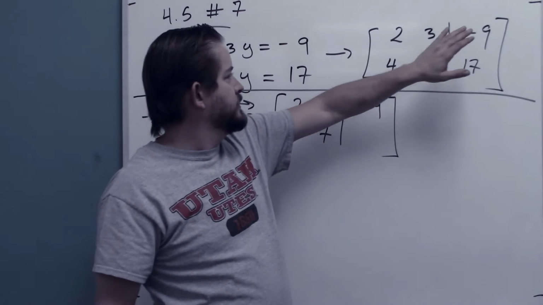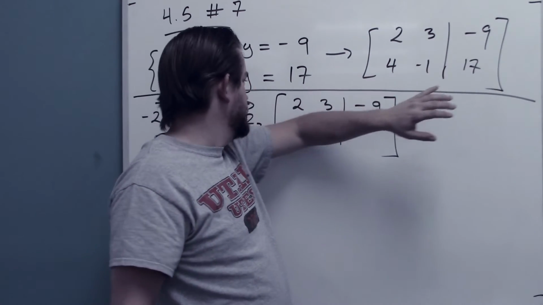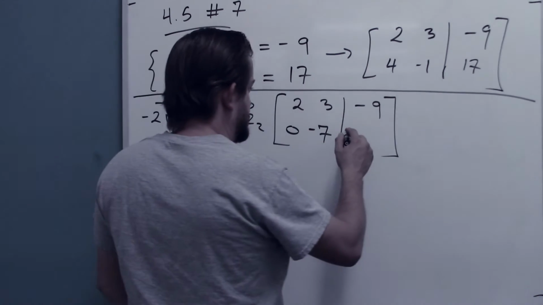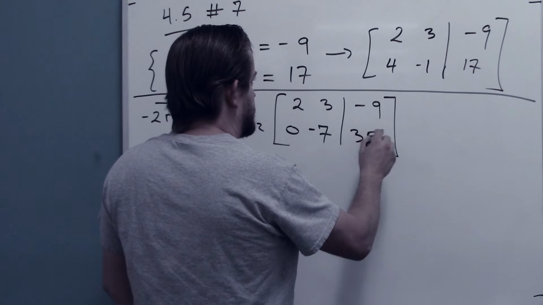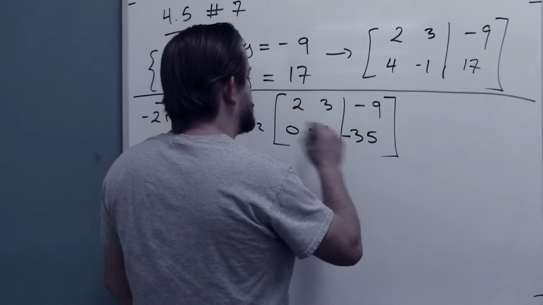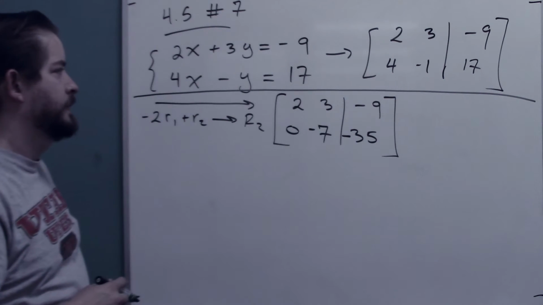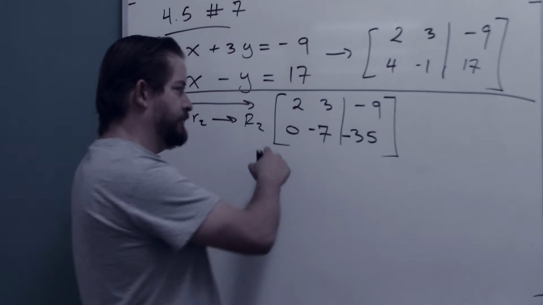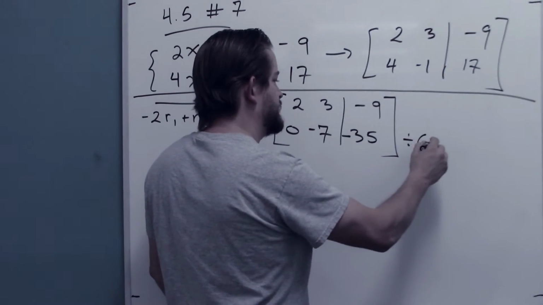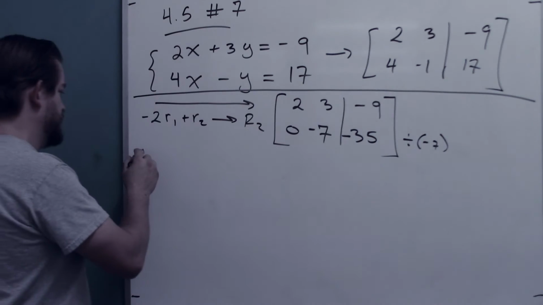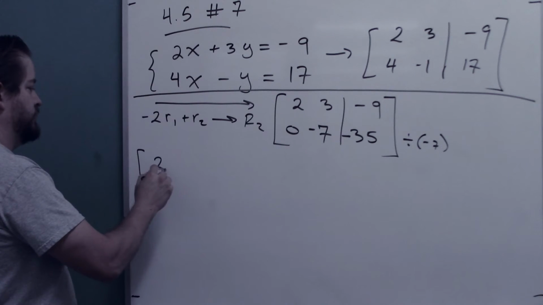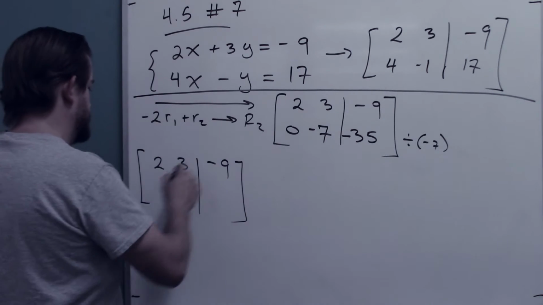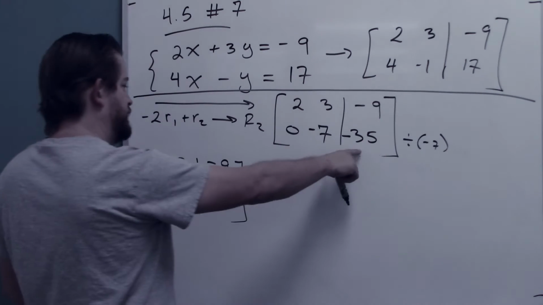Negative 2 times negative 9 is a positive 18, plus 17 is negative 35. Which is nice. Divide everything in here by negative 7, and that gives me 0, 1, 5, right?